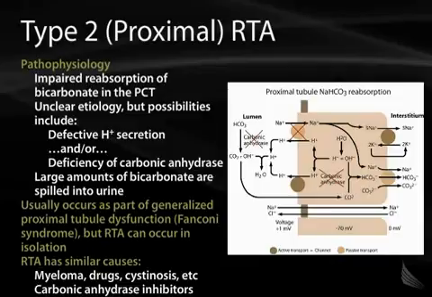Proximal RTA refers to simply the failure of bicarbonate reabsorption. Most often, the proximal RTA clinically exists in the setting of a Fanconi syndrome, with the other manifestations outlined previously, including glucosuria, phosphaturia, and amino aciduria.